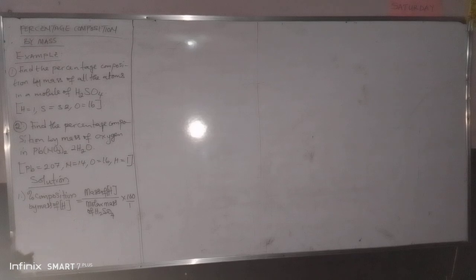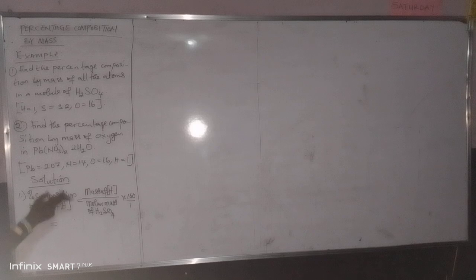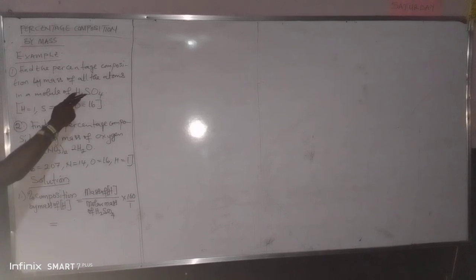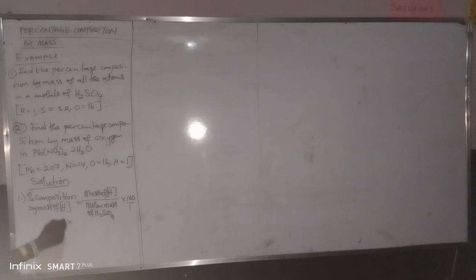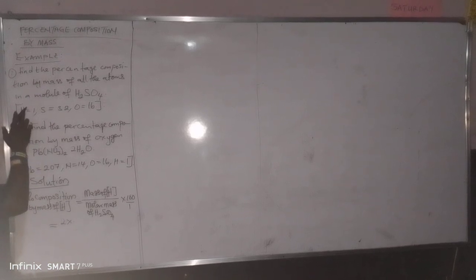This is not a formula you need to write, because it will not give you extra mark when you are working. So how many atoms of hydrogen do we have here? 2 atoms, H2. So we have 2 times, and what is the mass number of hydrogen atom?